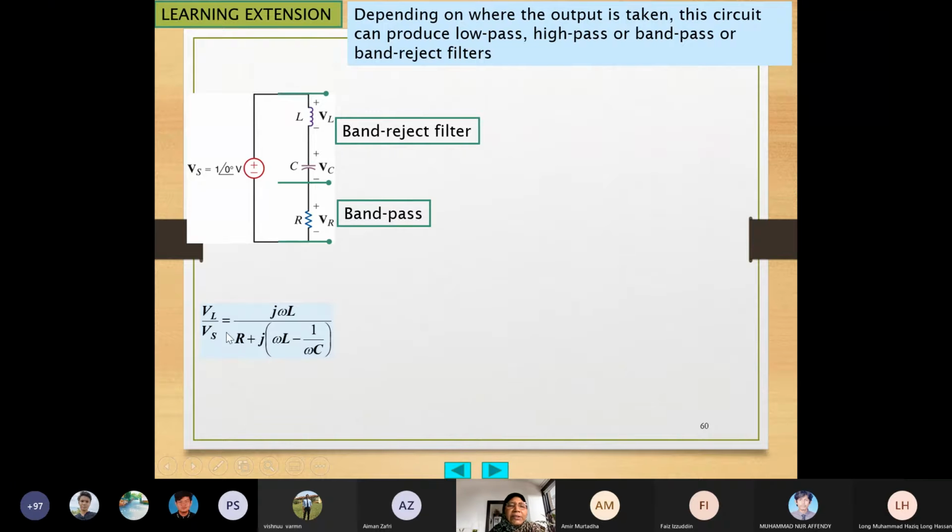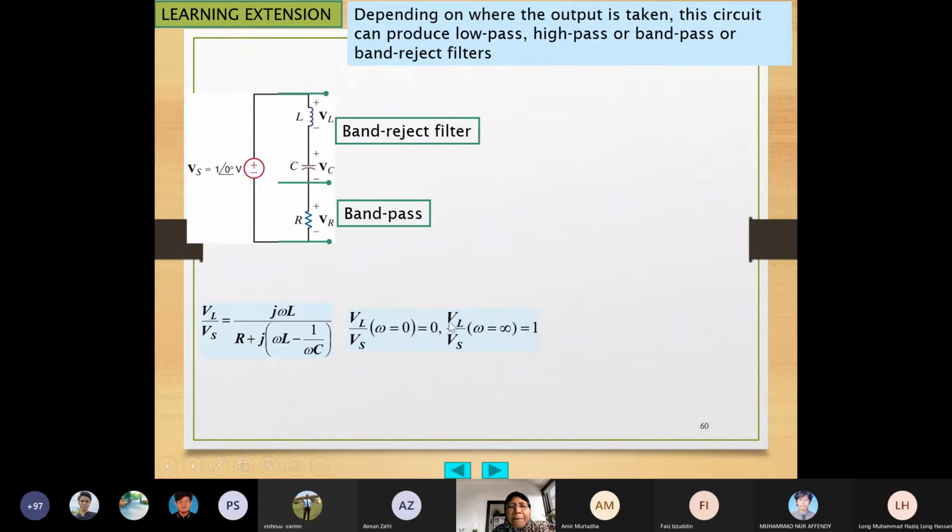And the equations, you always can relate the output to input, and you will have this equation where you have VL over VS, because VL is the output side, VS is the input side.